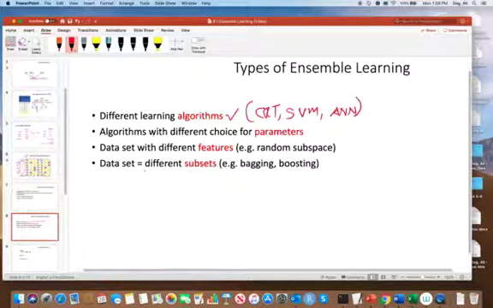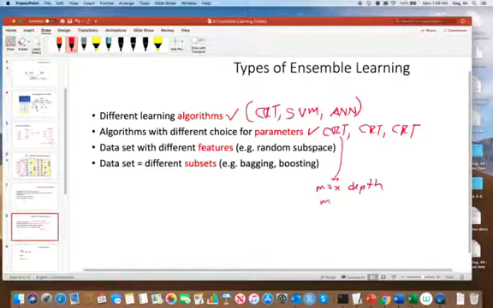Second is algorithms with different choices of parameters. Now, I don't want to use CRT, SVM, and ANN, but what I want to do is create 3 different CRT models, classification and regression tree models. As you may recall, in the Rattle environment, Rattle allows you to play with the parameters, like maximum depth, minimum bucket size, minimum split.